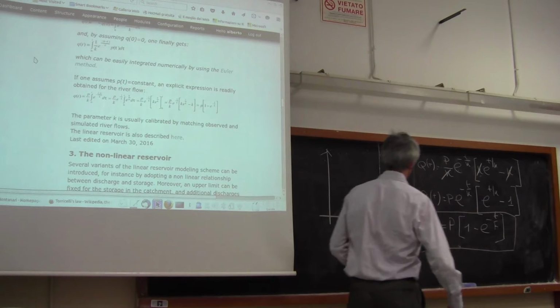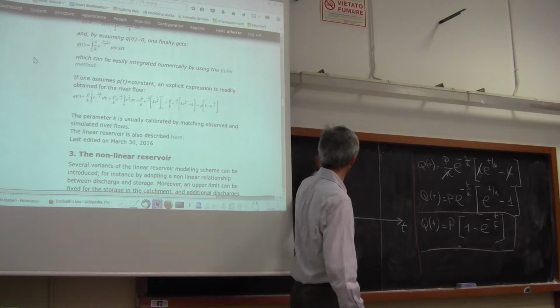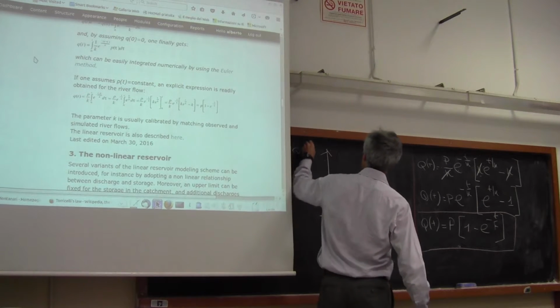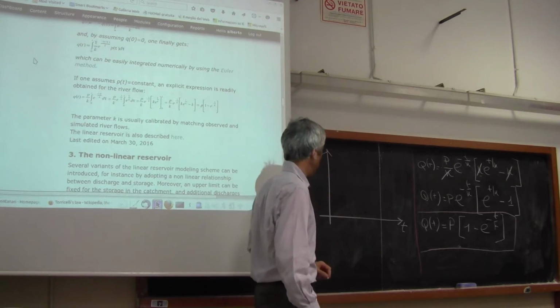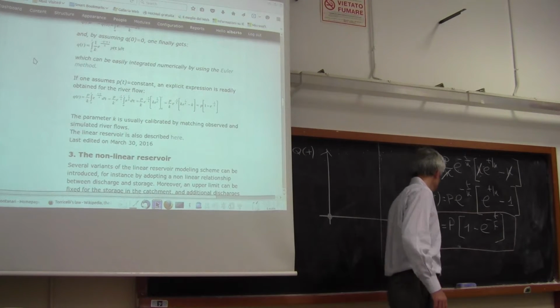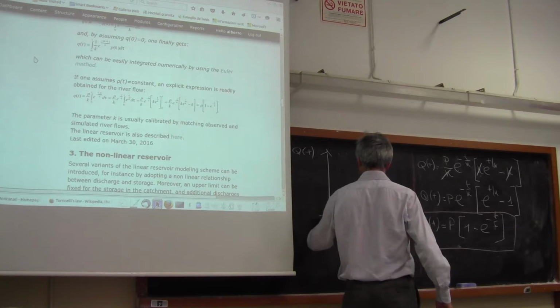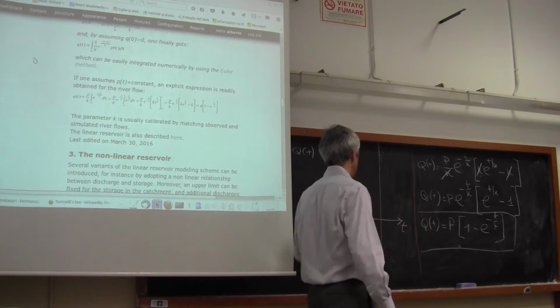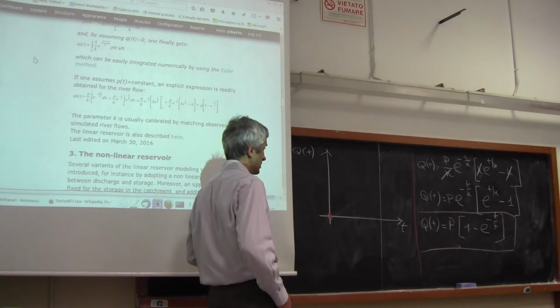We put time as independent variable and the river flow Q(t) as the dependent variable. And we know that at time 0 it starts from 0. So we start from here. At time 0, Q is equal to 0.